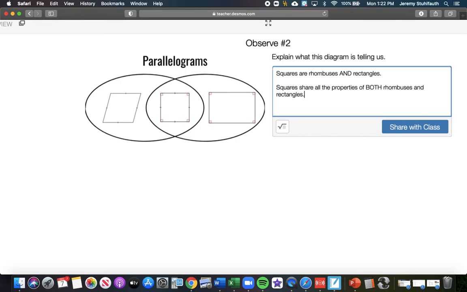So what we have here is a side-side-side congruence conjecture. So we're able to say that those two triangles are congruent to each other because of the side-side-side congruence conjecture. Now, based off of that conjecture, we're able to say that angle 1 is congruent to angle 2 and angle 3 is congruent to angle 4, and that is based off of CPCTC.